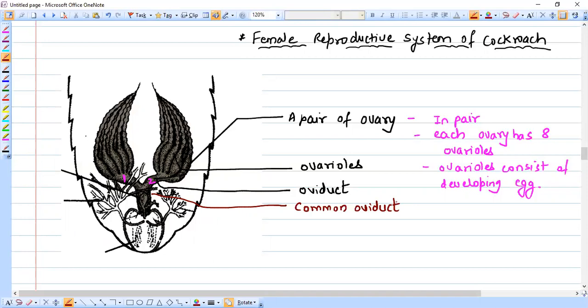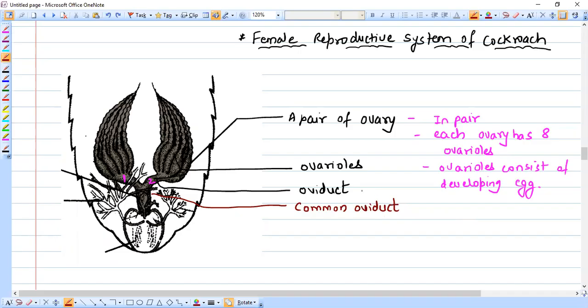So how is the oviduct formed? This is a very important question. Remember, oviduct is formed by union of ovarioles from each side. That is for the oviduct, not for the common oviduct.